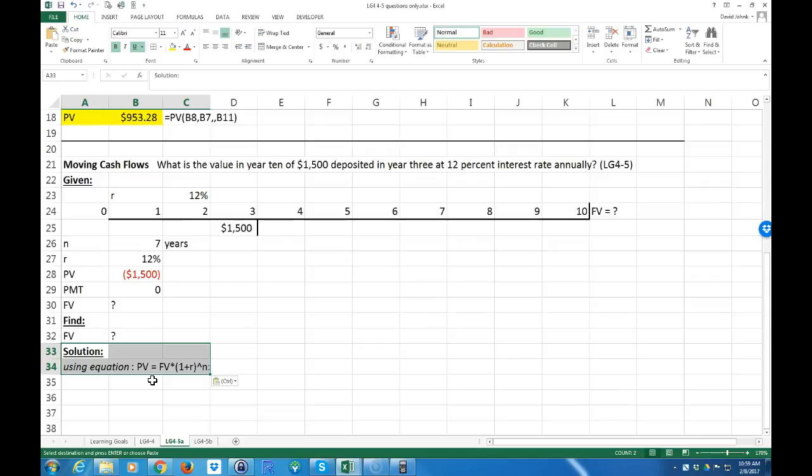I got this equation backwards. Let's see. The future value equals the present value. Okay.